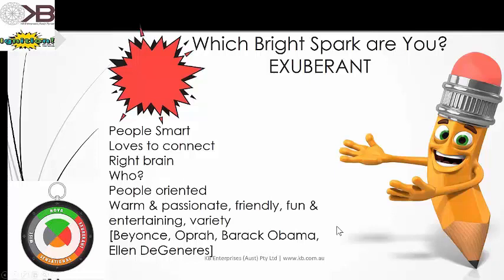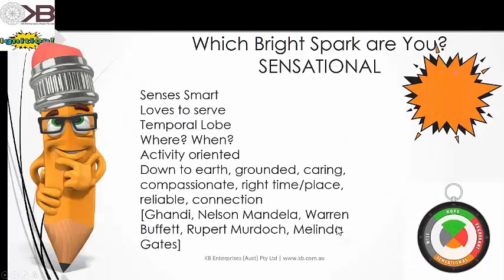When we go to the next level, which is the sensational and the kinesthetic learner, these people, if we think about where most of their activity happens, it happens in the temporal lobe, which is at the back of your skull, where all your feelings and a lot of your sensory perceptors for processing through your mind, they're very activity oriented.